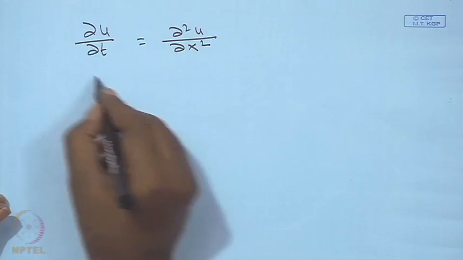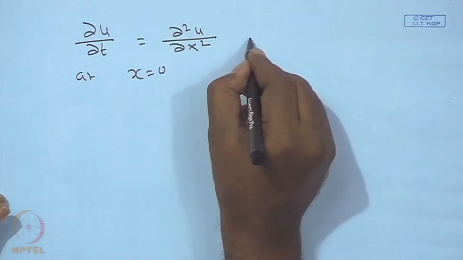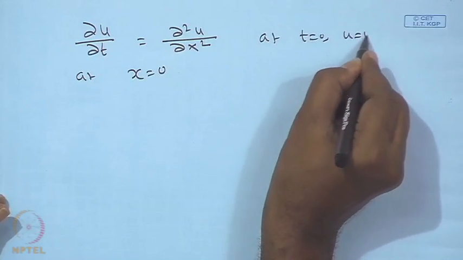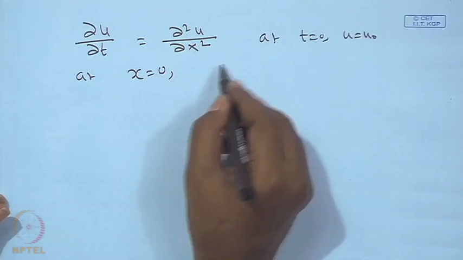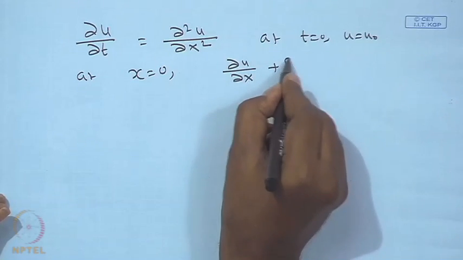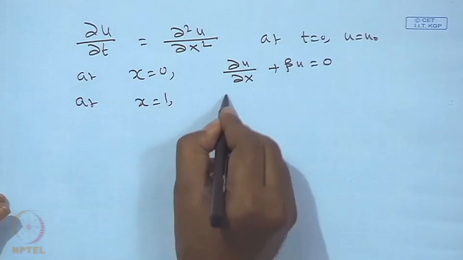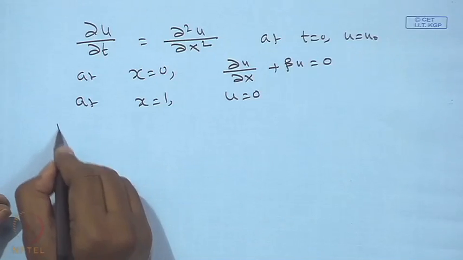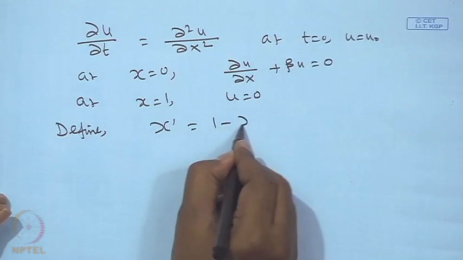At t equal to 0, u is equal to u naught, and at x is equal to 0, we have the mixed boundary condition, that is del u del x plus beta u is equal to 0, and at x is equal to 1, we have u is equal to 0, the Dirichlet boundary condition. Now, again we define x prime as 1 minus x.